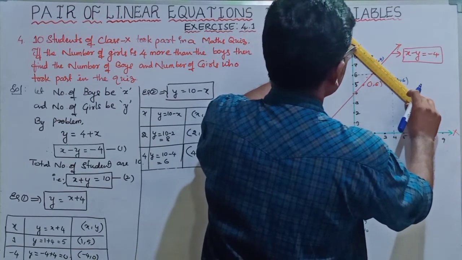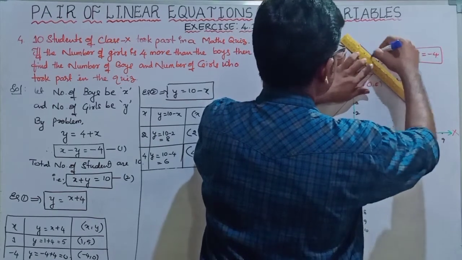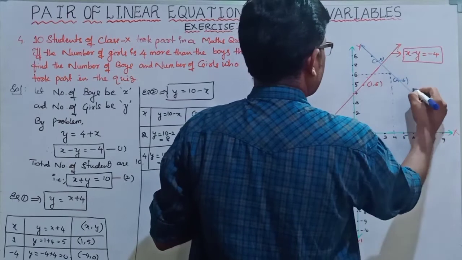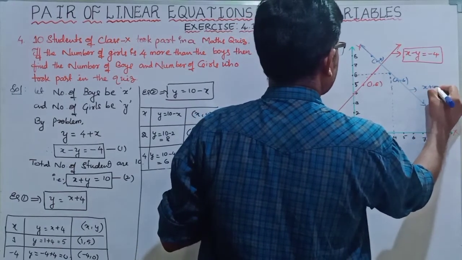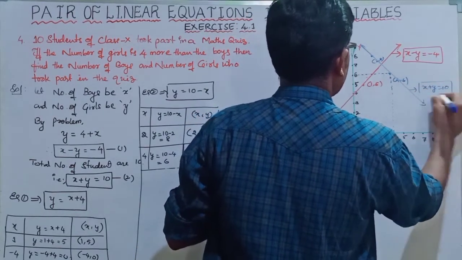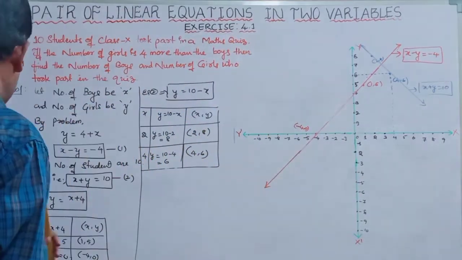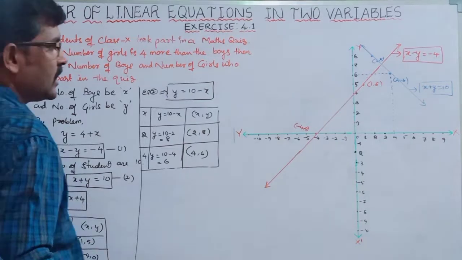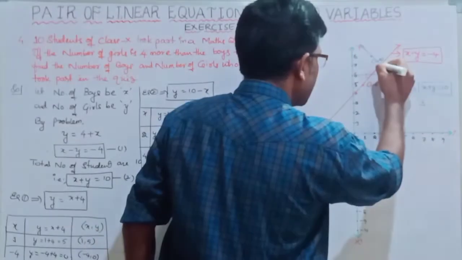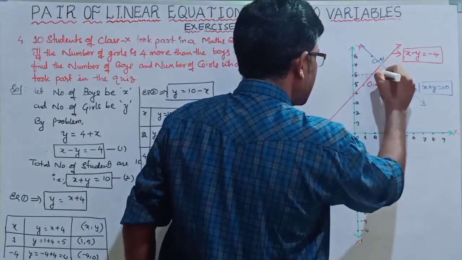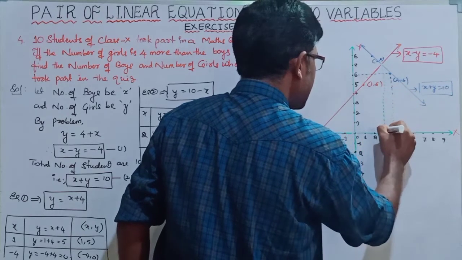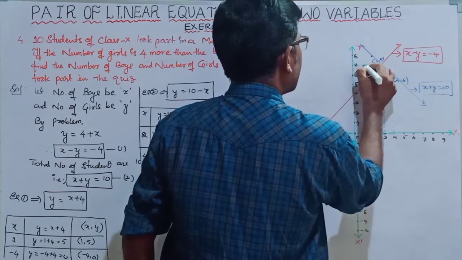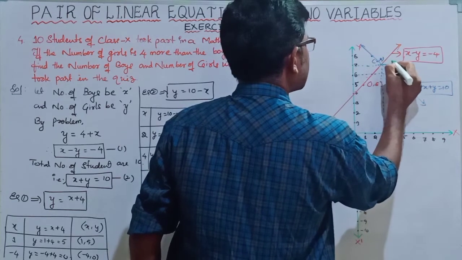Draw a straight line through these 2 points. The line represents x plus y equals 10. These 2 lines intersect at x equals 3, y equals 7.